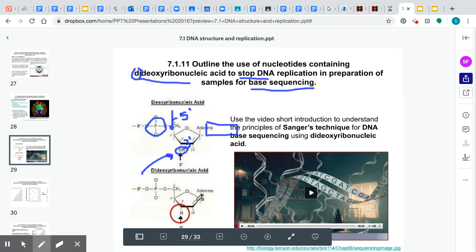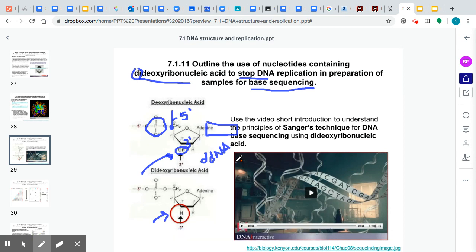But if there's no OH group, the next nucleotide that tries to come can't connect. In this example, dideoxy, and a lot of times we call it ddDNA, so we put an extra d in front of it.